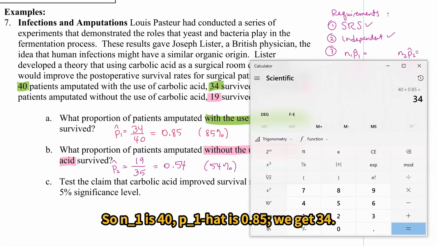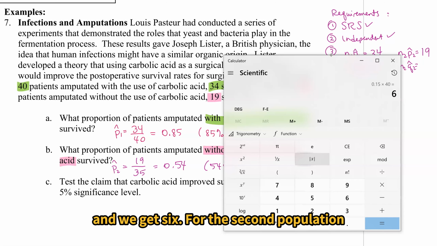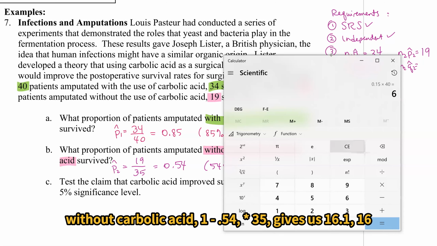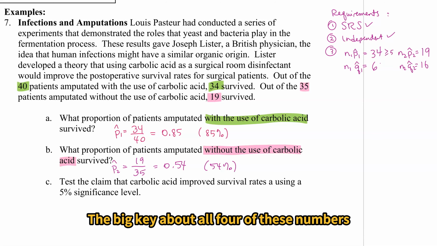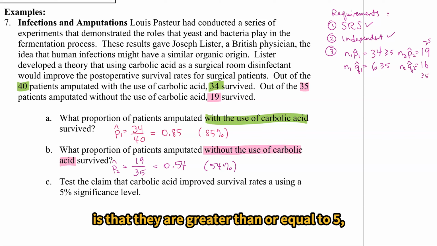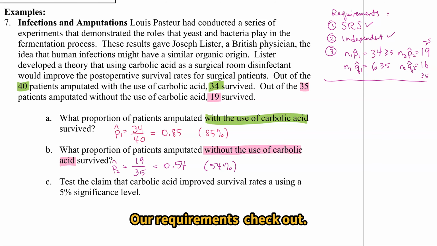Multiply that by 40, and we get 6. For the second population without carbolic acid, 1 minus 0.54 times 35 gives us 16.1, about 16. The big key about all 4 of these numbers is that they are greater than or equal to 5, and they are. Our requirements check out.